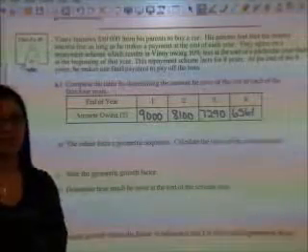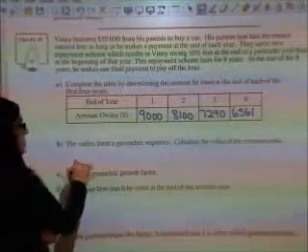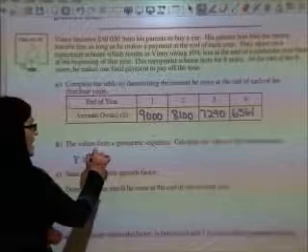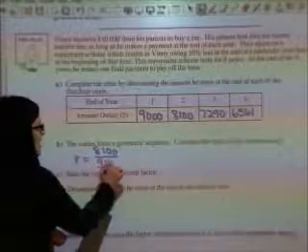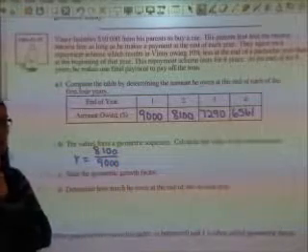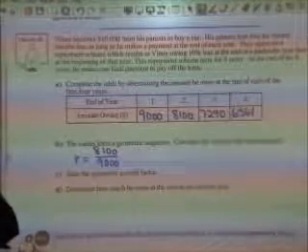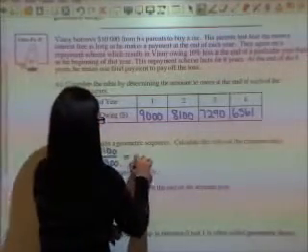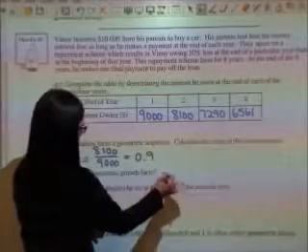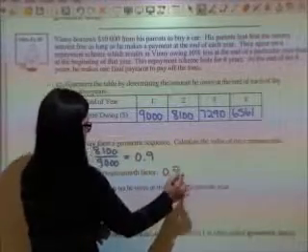Calculate the common ratio. The common ratio I get by taking any two consecutive terms and dividing by the preceding term. So what is 8,100 divided by 9,000? 0.9. That becomes my geometric growth factor, 0.9.